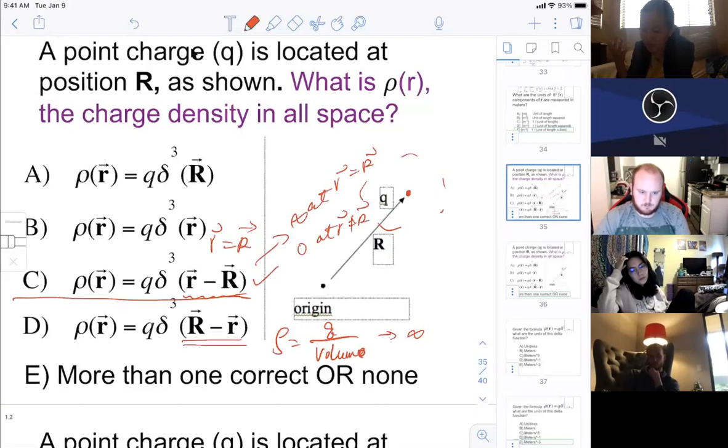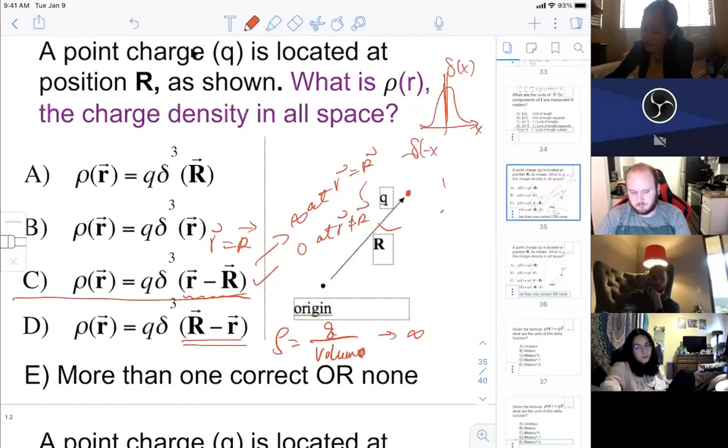Does D give me the same amount of information, or is D different from C? Is the delta function an even or odd function? It's an even function.